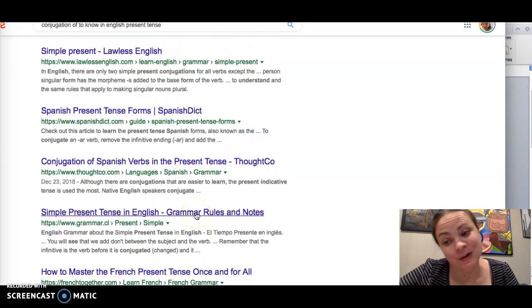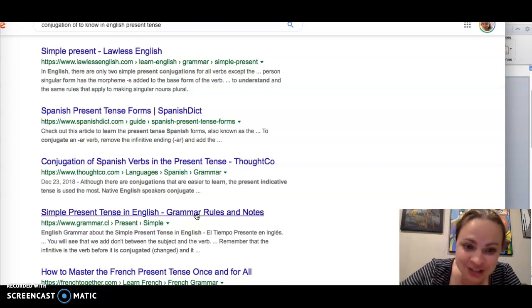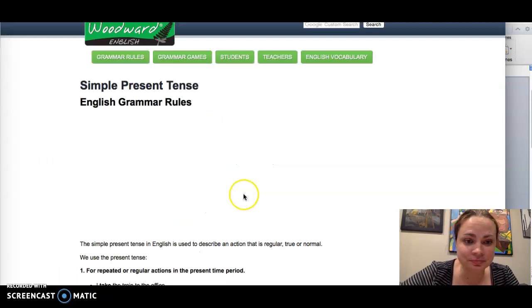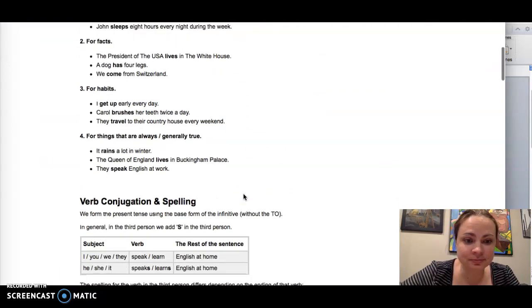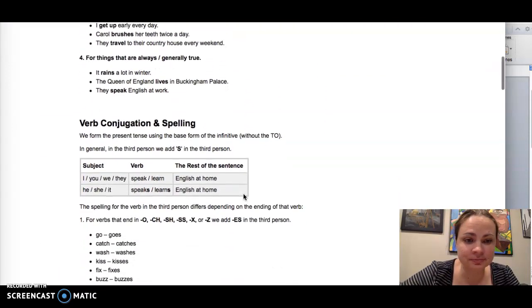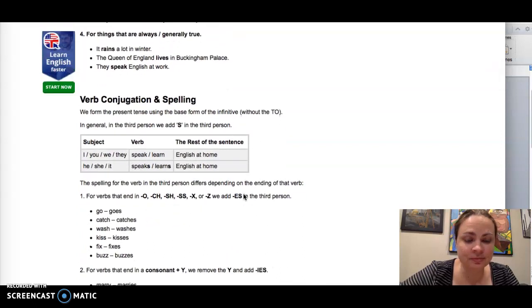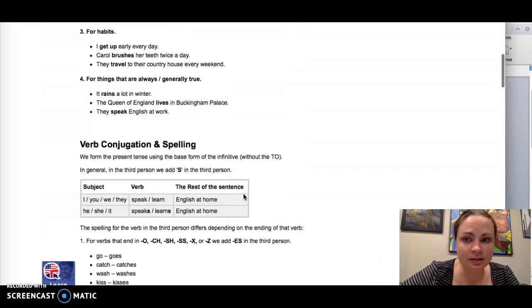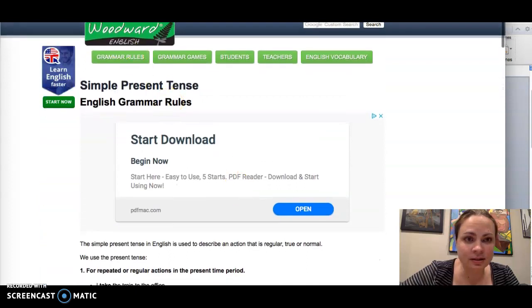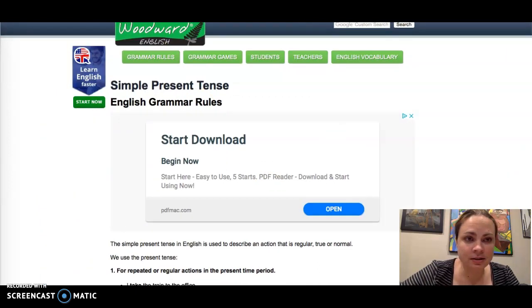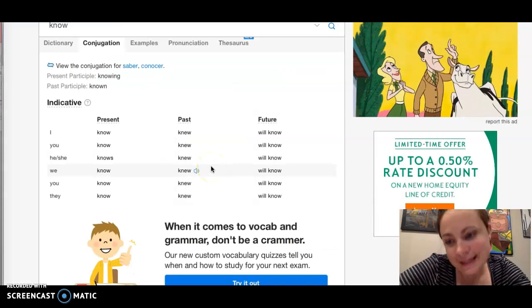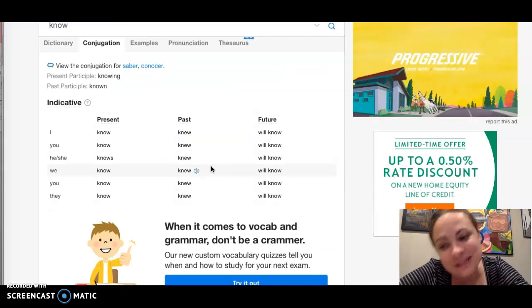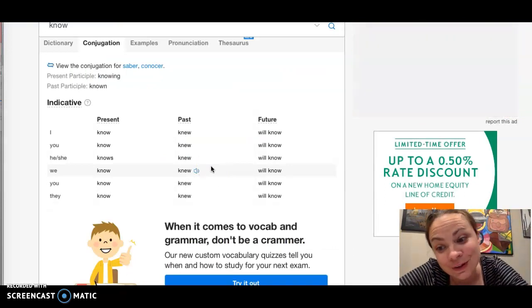Okay, so you want to scroll down until you get one that's actually in English and not in a different language. Here's one right here, simple present tense in English. As you can see, I needed to do a little scrolling to find it because it didn't immediately pop up.